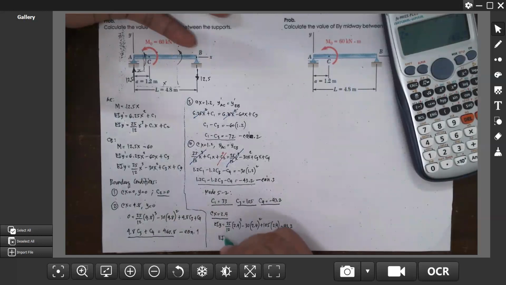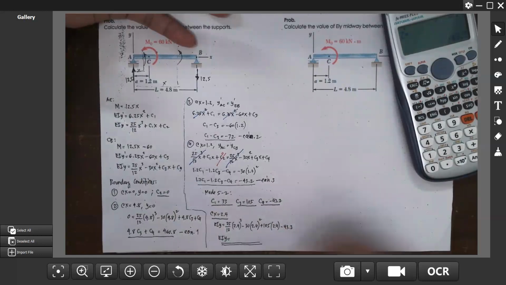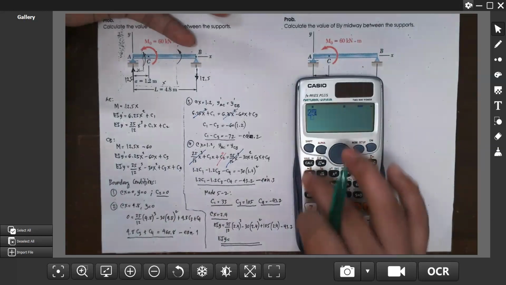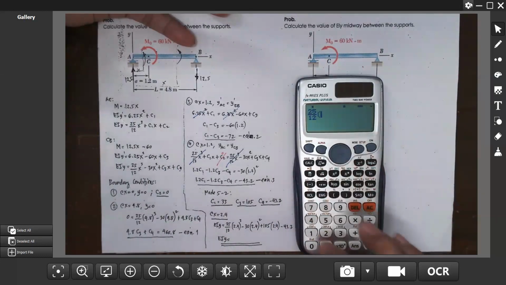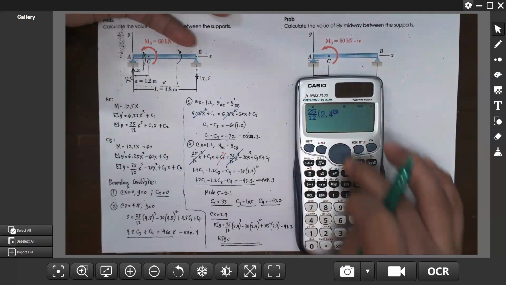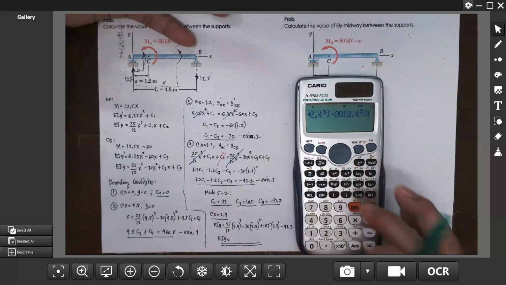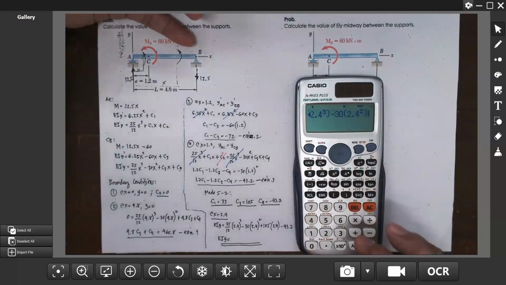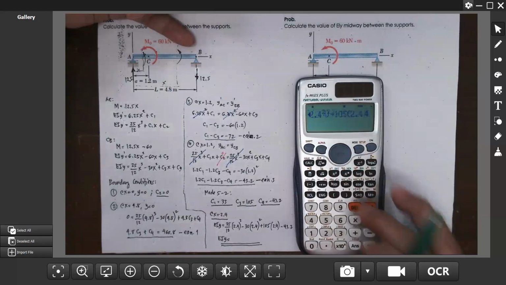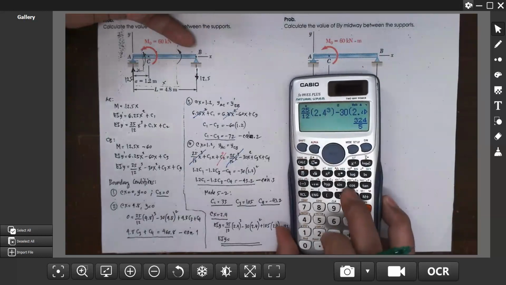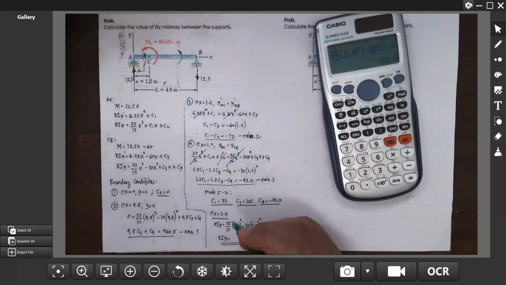So, nakuha nato EIY na: 25 over 12, 2.4 cubed minus 30, 2.4 squared plus 105 times 2.4 minus 43.2, that's 64.8.